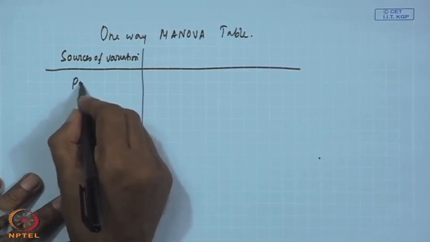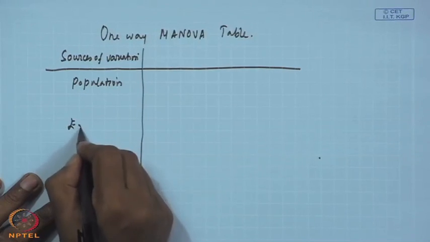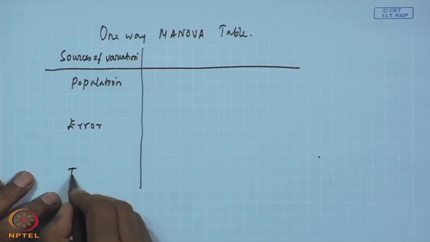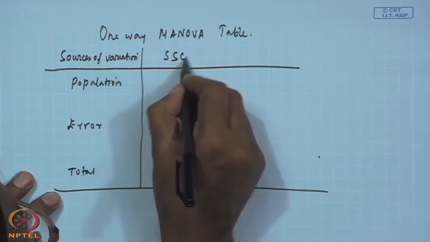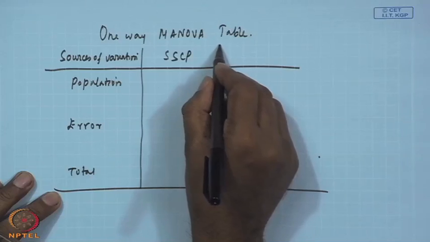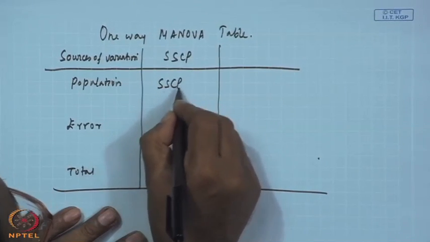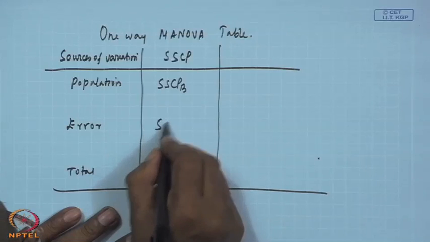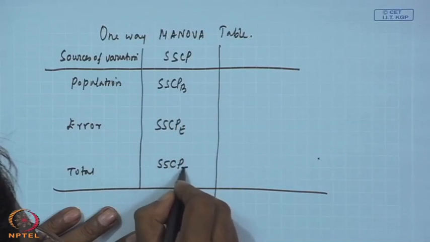Definitely your population is one source, then error is another one, then total. Then you write the SSCP matrices: in our case SSCP between, SSCP error and SSCP total.